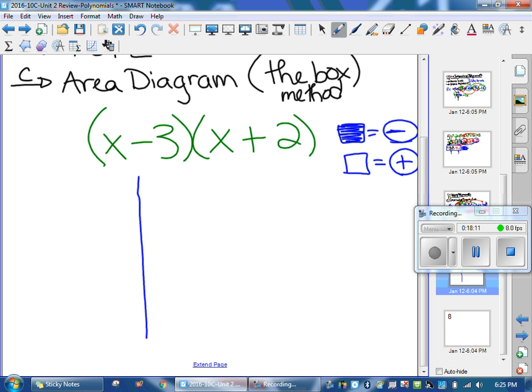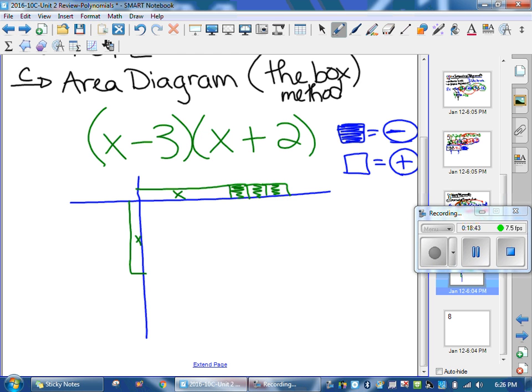And I'm now going to start drawing my algebra tiles. An algebra tile, the x is a long, skinny stick sort of thing. So I've got one x, so I'm going to draw a long stick for my x, and then I've got negative 3. So I've got 3 individual units at the end, which are all shaded. Those are my negative 3. On the next term, I've got x plus 2. So x is going to go on the side, and I've got a plus 2, two positive constants.